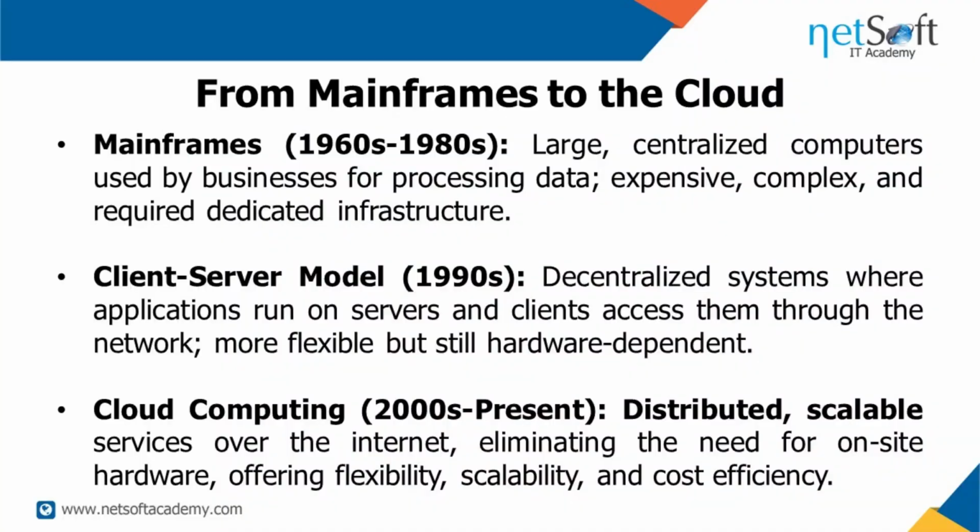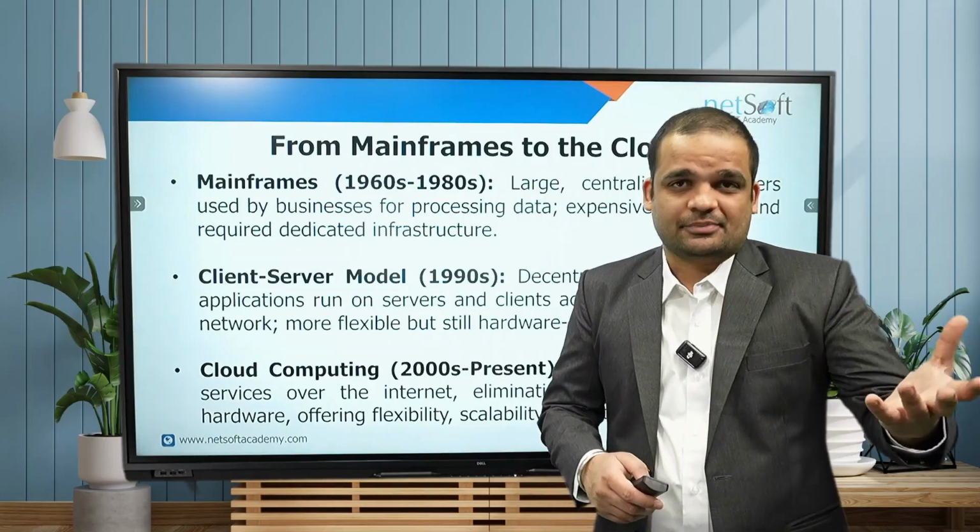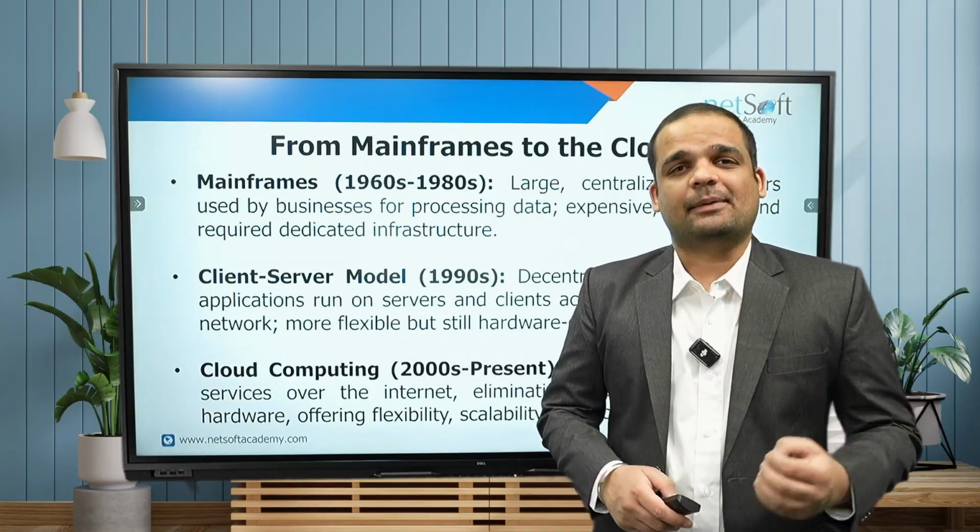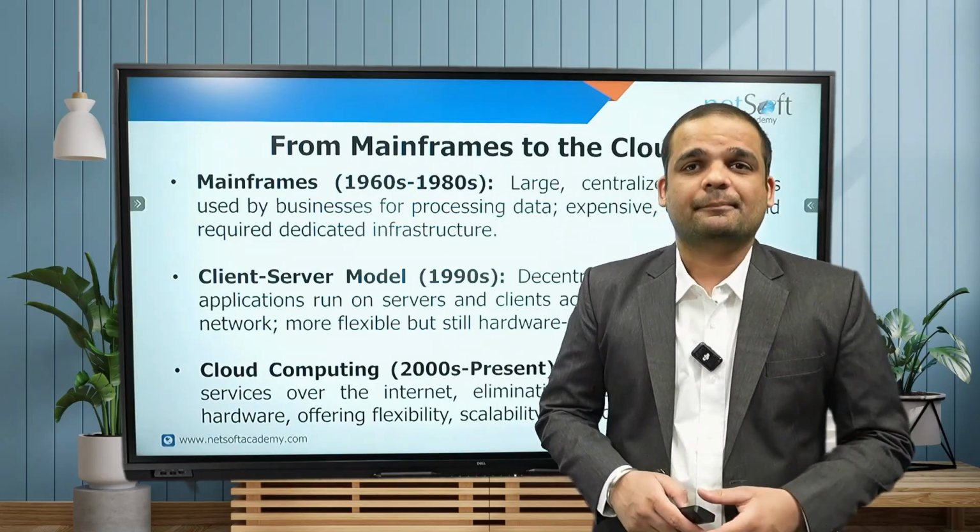Then we moved to client-server models. Somewhere about the 1990s, we saw a shift with the client-server model. This model decentralized computing, allowing applications to run on servers, while clients, the end users, accessed these applications through a network.